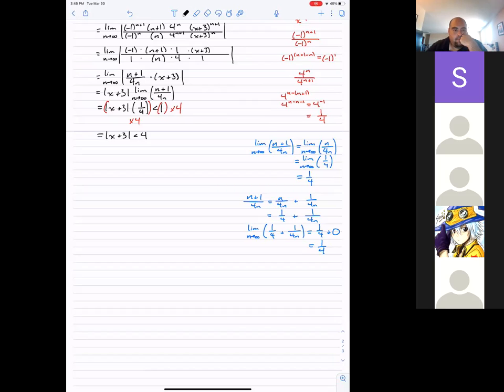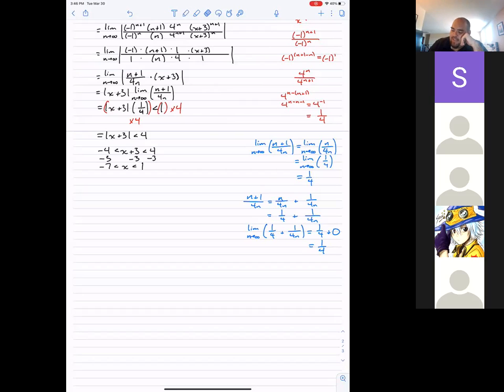You would express that as -4 less than x plus 3 less than 4. Yep. And then I can solve for x. Subtract 3, subtract 3, subtract 3. -7 is less than x, which is less than 1.